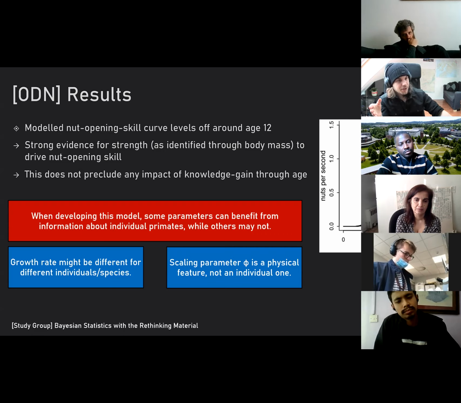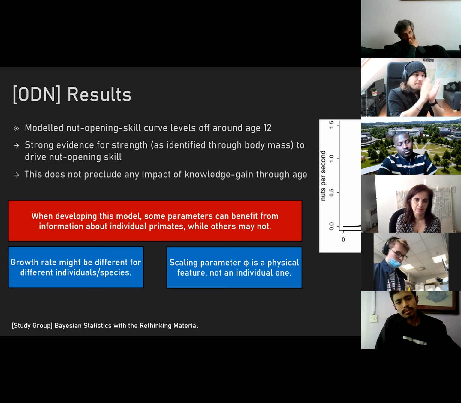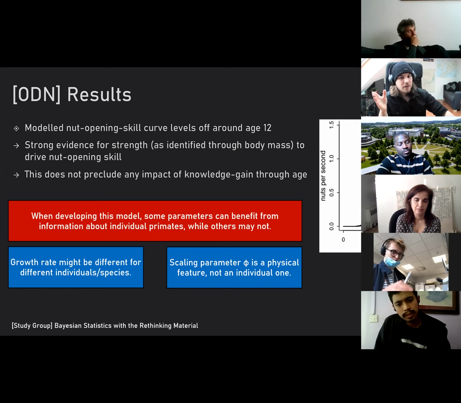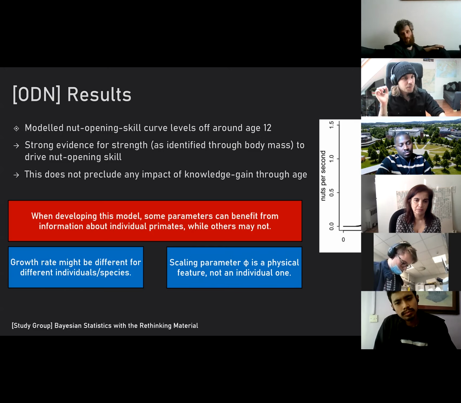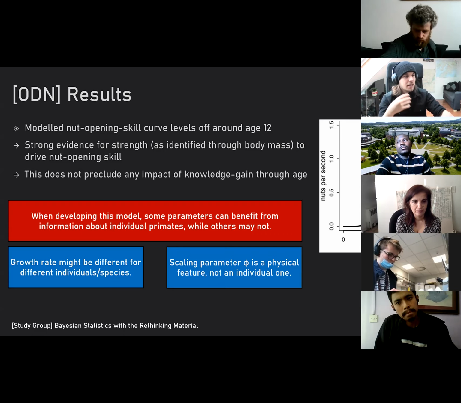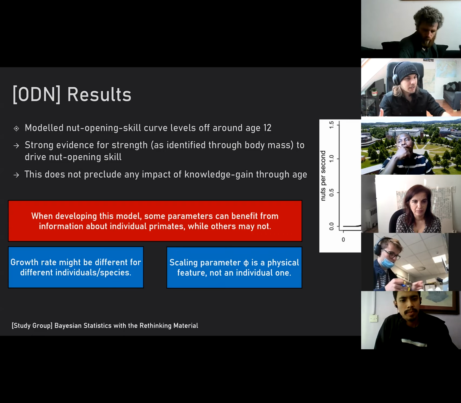This is a physical feature because it just tells us about the relation between mass and strength, which is probably not a clever thing to model for individuals, but more of a physical parameter in nature than an individual identifier.